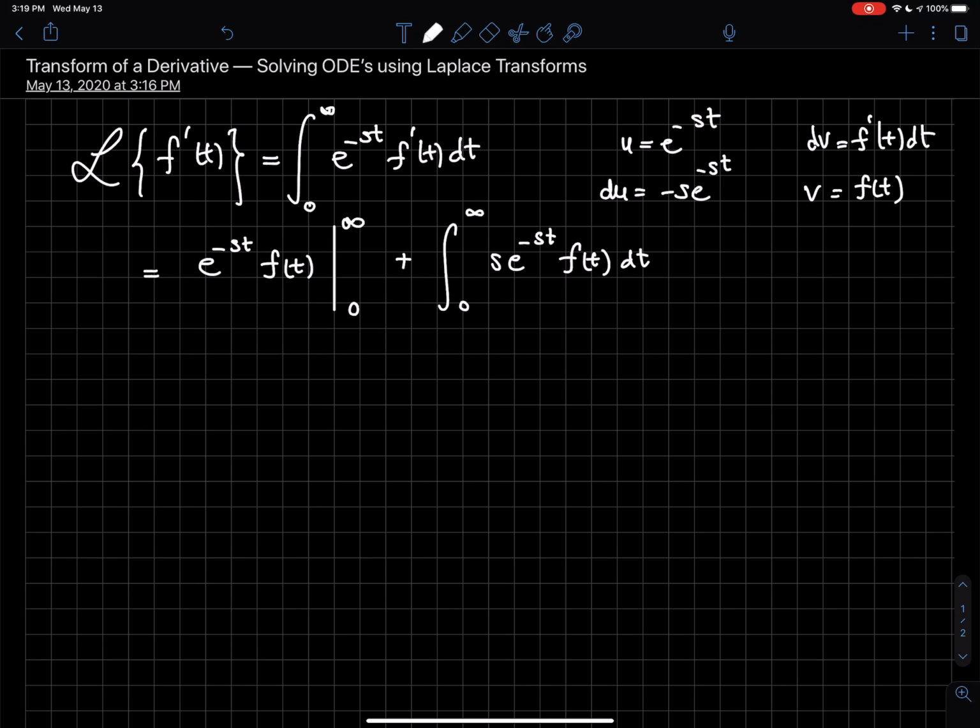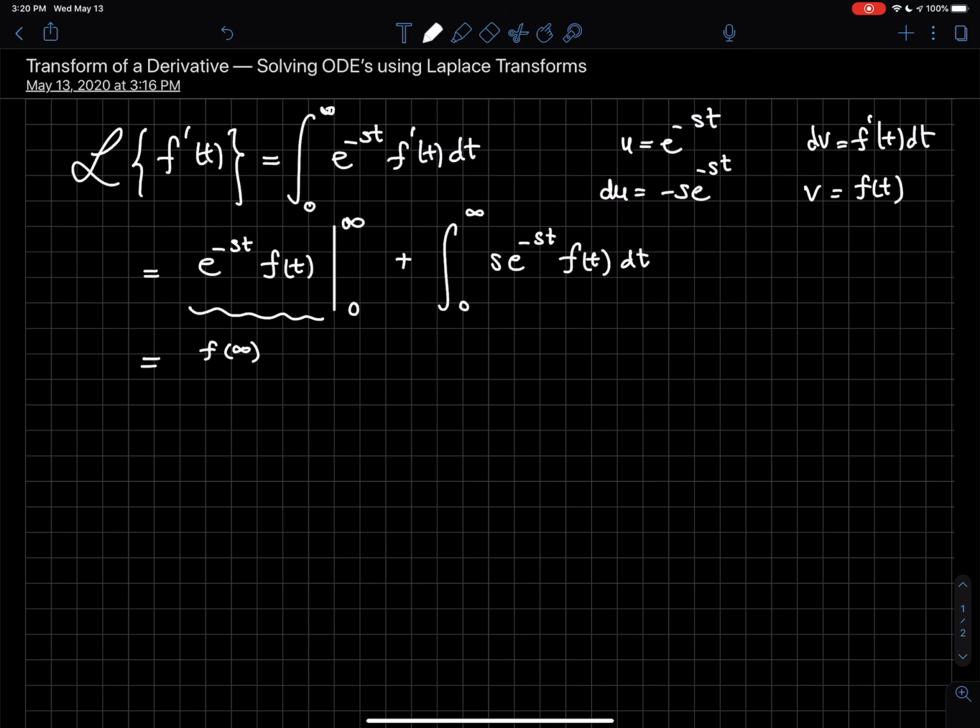Now if you look at the first one here, remember again, you notice the need for the function to be of exponential order, otherwise this term here would diverge. So here, basically, I have f of infinity. Notationally, there's no such thing as f of infinity, it's f of t as t goes to infinity, but without loss of generality, I could just loosely write it as f of infinity.